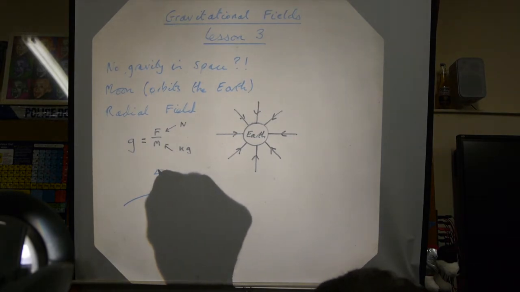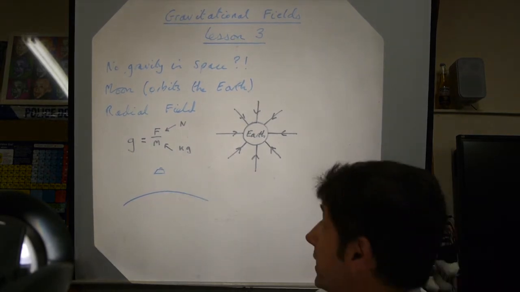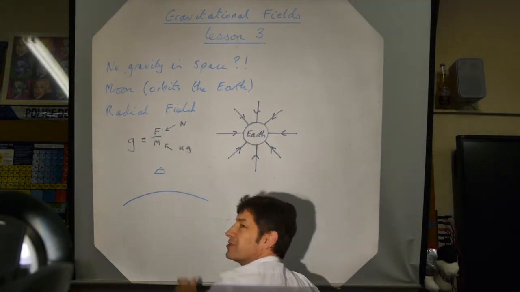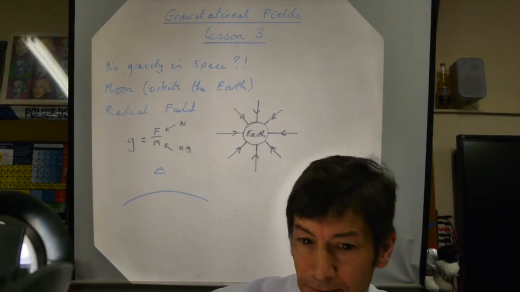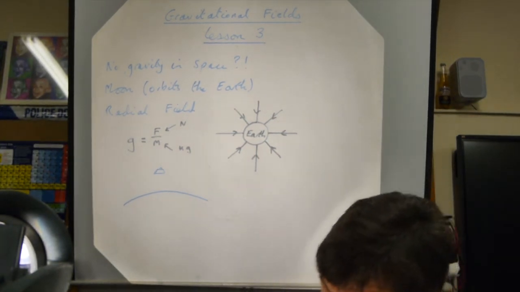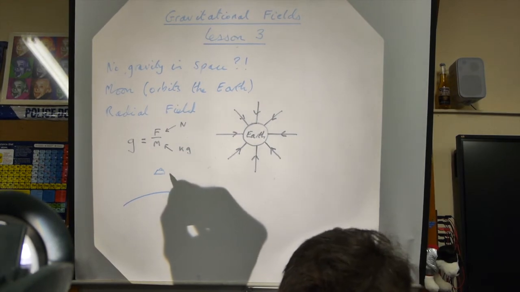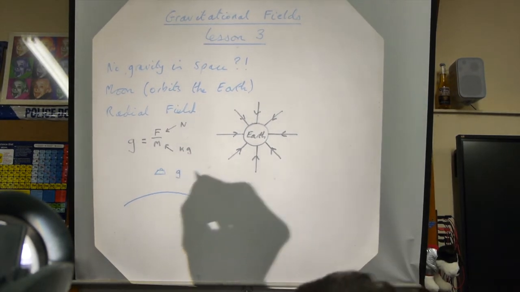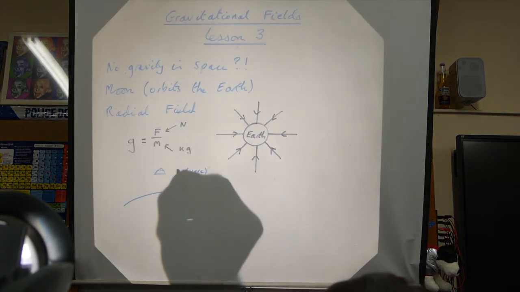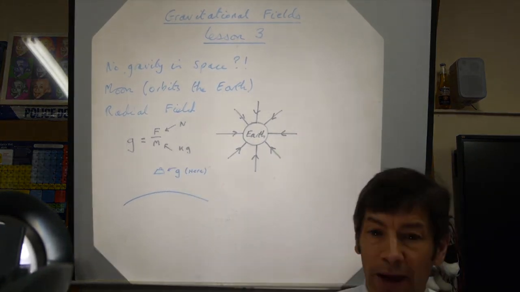So here's our test mass. So we can work out the force on it. So we'll then know the force per kilogram. We also know how far away it is from the centre of the Earth. And we can ask ourselves, therefore, what is g here? Okay, what is g at this point in space?